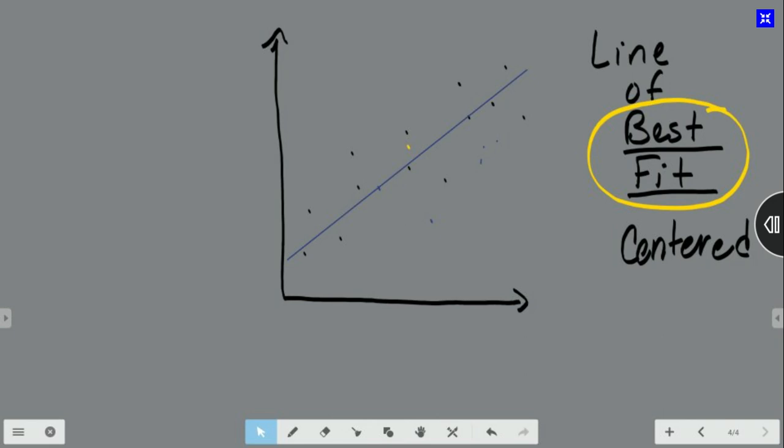Now, sometimes we get a curve. And if you see a curve, you're not going to be talking about positive. You're not going to be talking about negative. You're going to say non-linear, because there is a pattern going here.